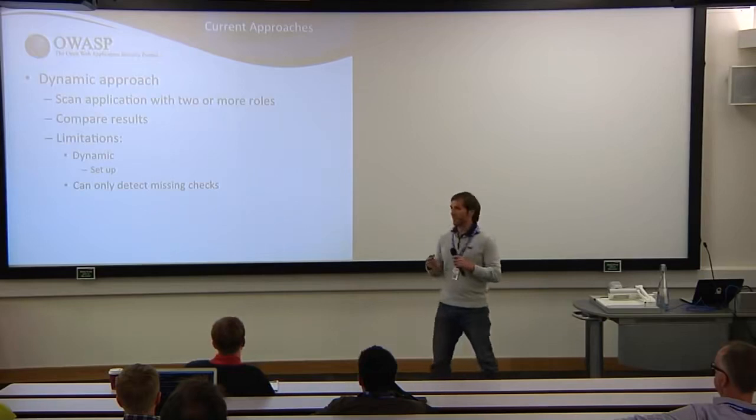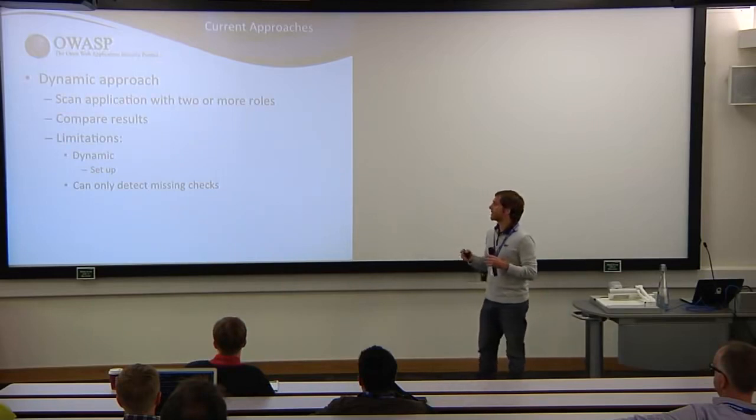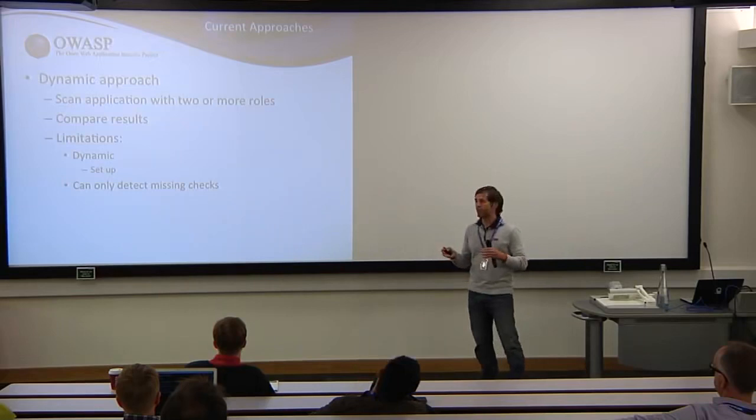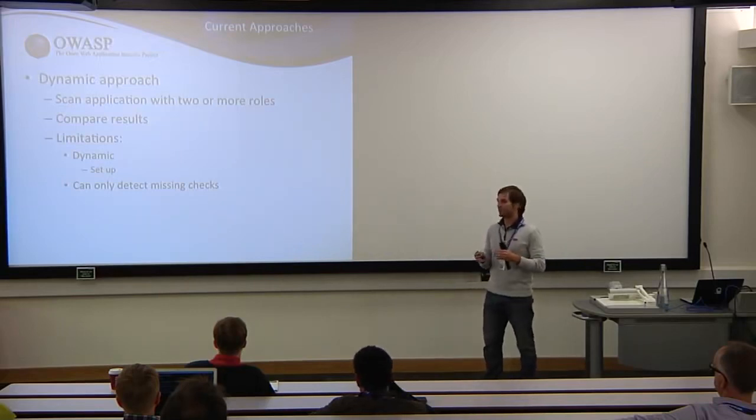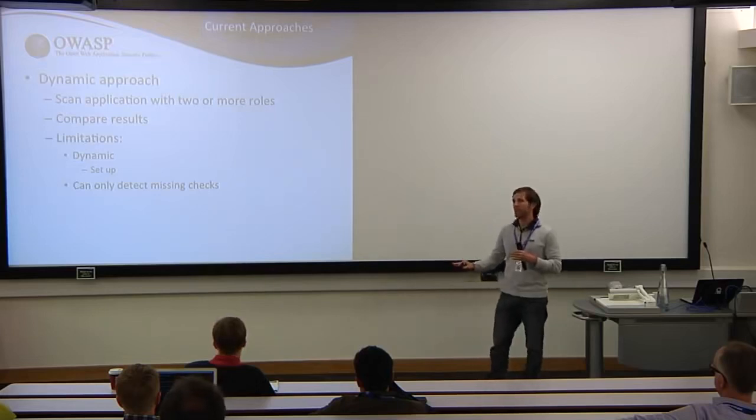Okay, so what are the current approaches to find this kind of missing authorization checks? As far as I know, the only approach right now is dynamic, and it's basically scanning a web application with 2 or more different roles and comparing the results. So you have an attack surface for the administrator, and an attack surface that is different for a regular user.